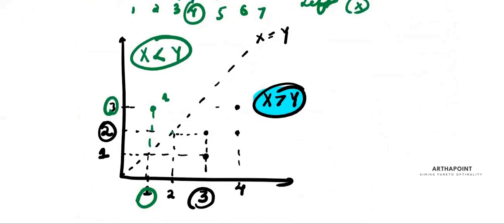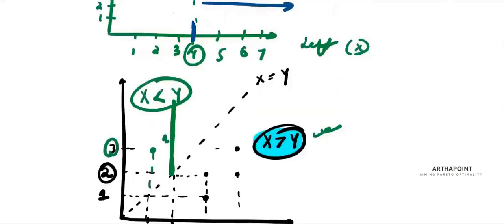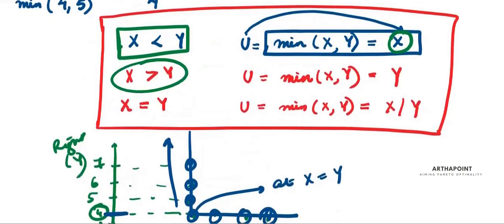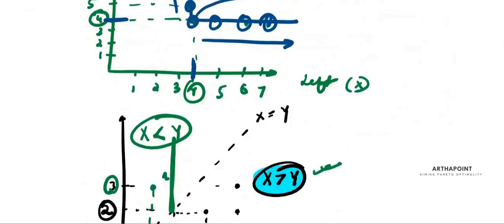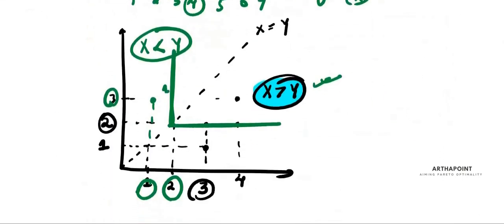my utility is always the line of x. So I draw a line through x by holding x constant. Similarly, when x is greater than y, my utility is always derived from y. So I draw a line through y. And when x and y are equal, then it's just that point where I am on the kink.